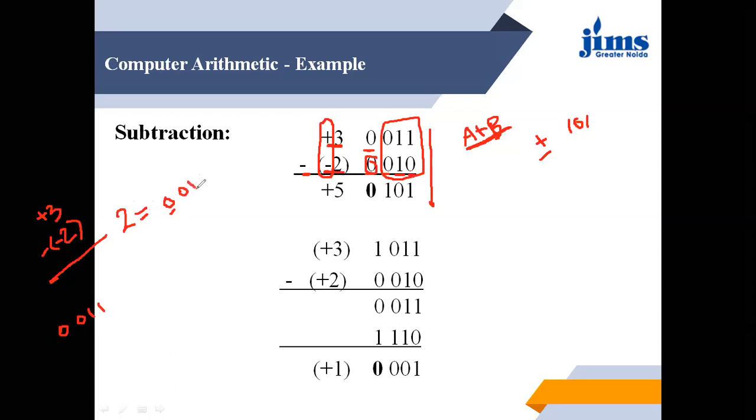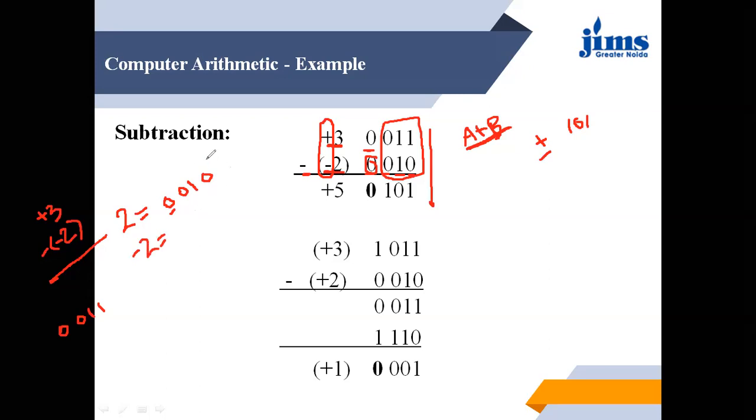So this is the binary equivalent of +2. Now I have to write -2, so we have to write the 2's complement of this.